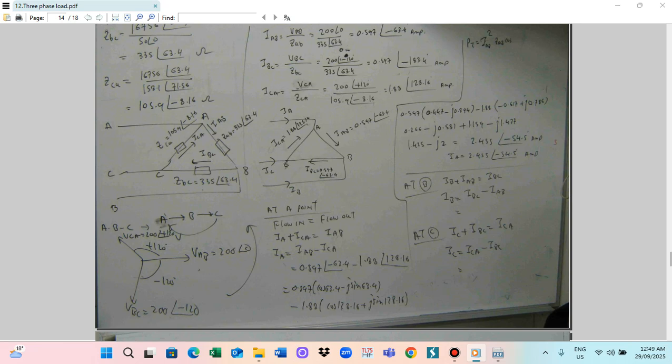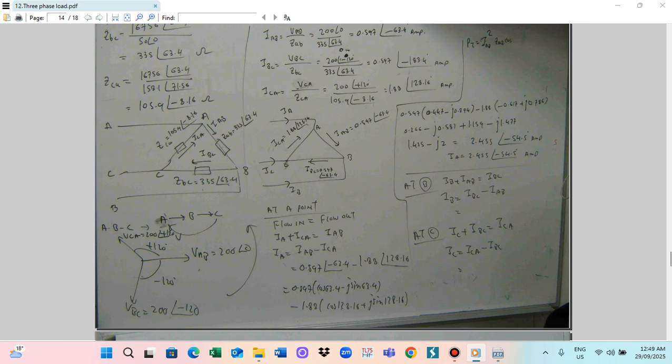IAB, IBC and ICA are phase currents. So you see it at point A. At point A, flow in current is equal to flow out current. The flow in currents are IA and also ICA. The flow out current is IAB.